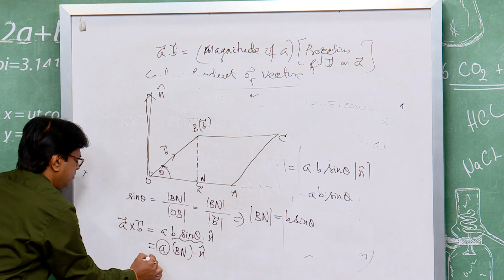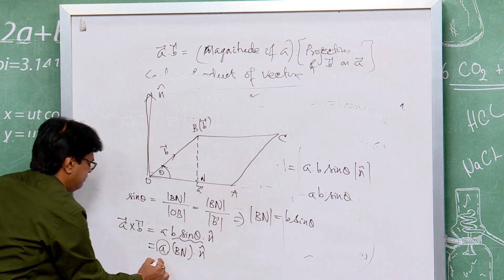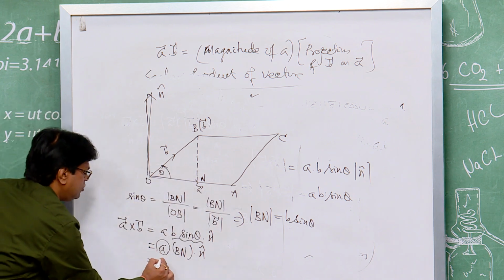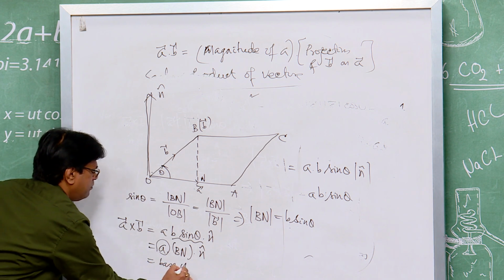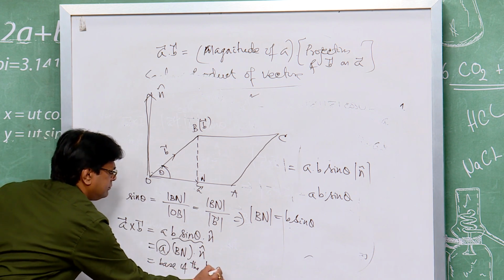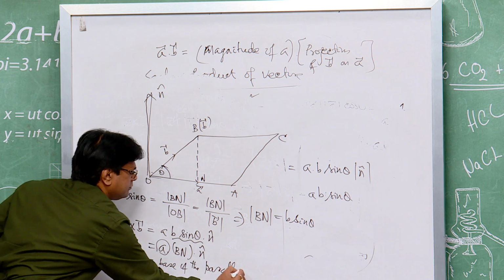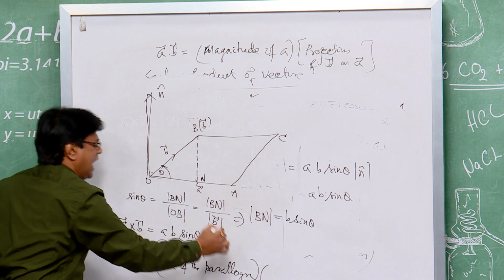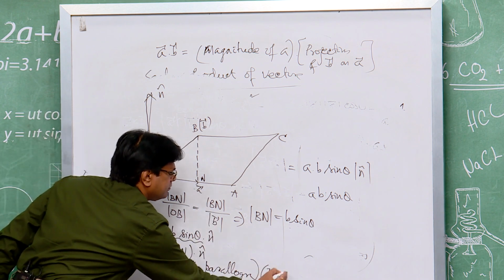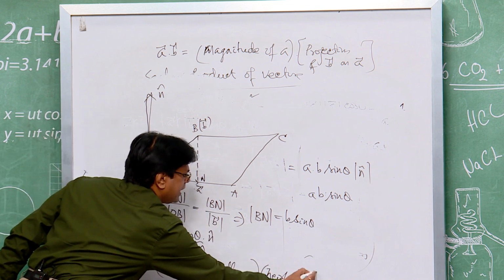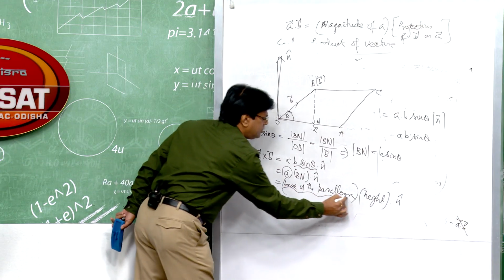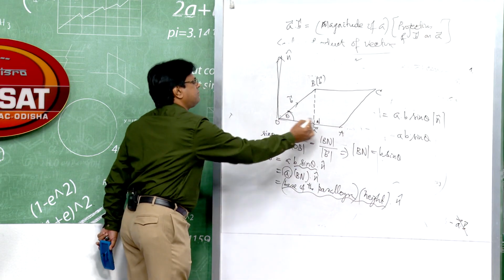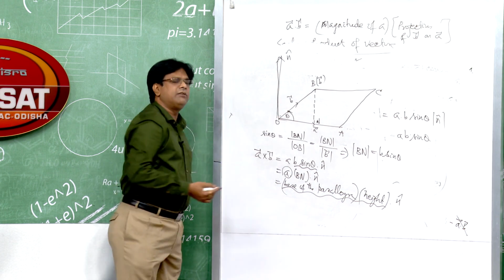A is the side of the parallelogram, this is the base of the parallelogram, and BN is the height, into n cap. So, this is nothing but the base of the parallelogram times the height. This is your area of the parallelogram.